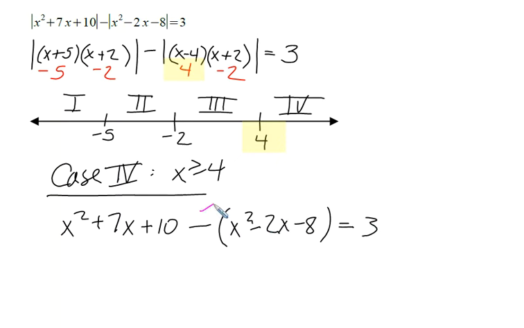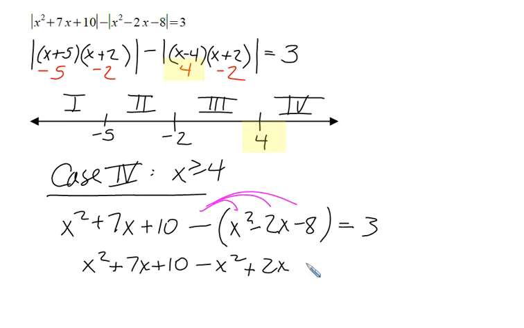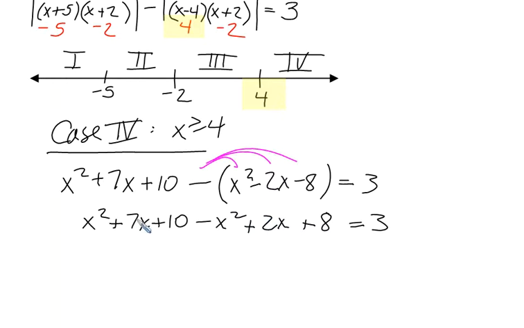Make sure to distribute the negative as we've said before. So we get x squared plus 7x plus 10 minus x squared plus 2x plus 8 equals 3. I think this is similar to something we had looked at before. The x squareds cancel.